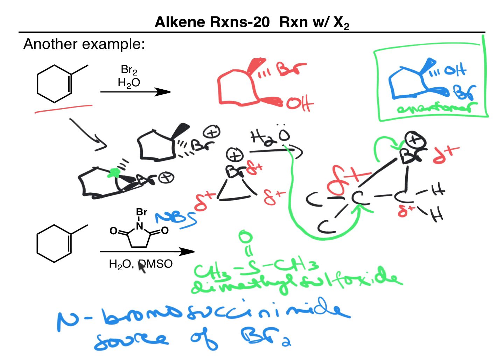And all we need is a little bit of water to be able to act as our nucleophile once we have formed our cyclic bromonium ion. So we have water and DMSO as co-solvents. We have an alternative source of bromine, and that makes this reaction a lot better. Still leading to the same product as above, this compound as a pair of enantiomers.